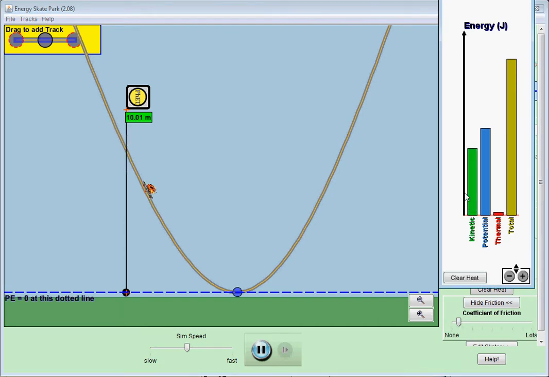And here again is the kinetic energy, the potential energy, and the thermal energy generated. Notice that the thermal energy generated grows fast when the kinetic energy is fast. But up here where the thing is momentarily at rest, on either side, thermal energy doesn't change much.